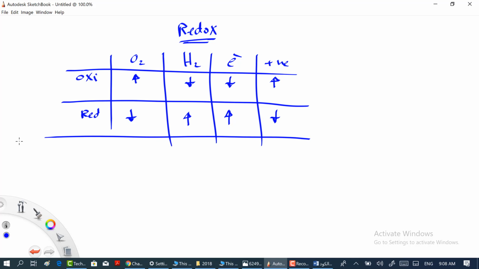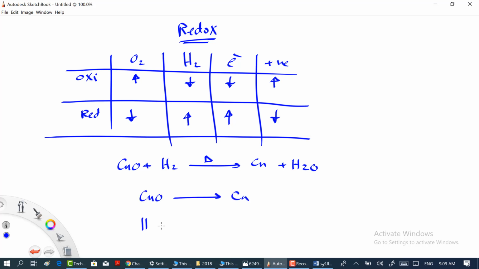Sometimes, if we return to the examples that you know, CuO plus H2 by the effect of heat gives us Cu plus H2O. In this time we'll find CuO to Cu, H2 to H2O.